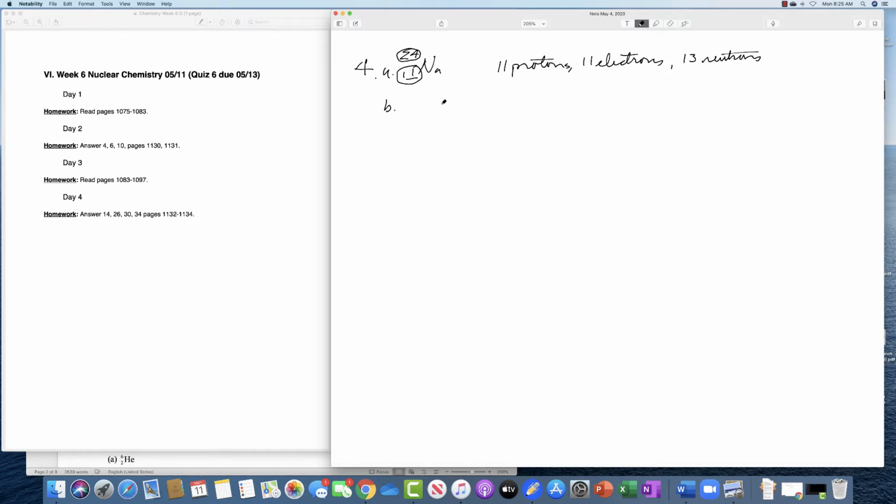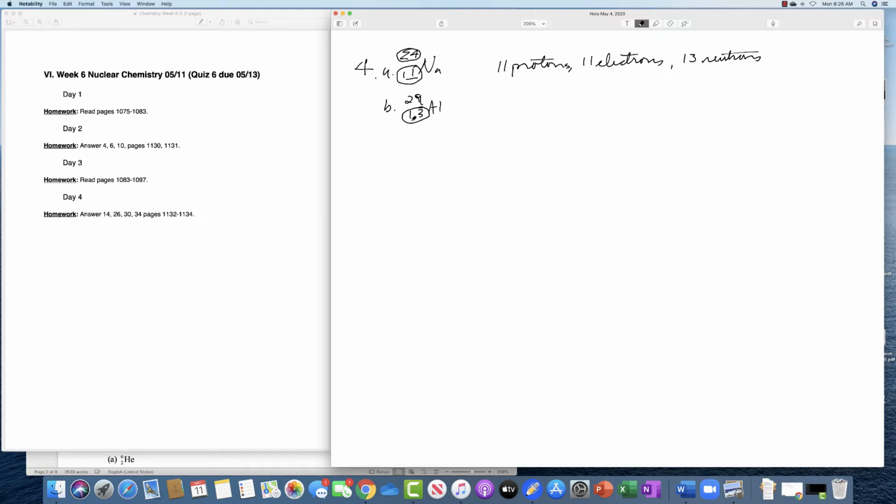The second one, aluminum 29, 13. Now the atomic number, by the way, is what determines what element it is. You look on the periodic table and whatever element has the atomic number of 13 is what it is.